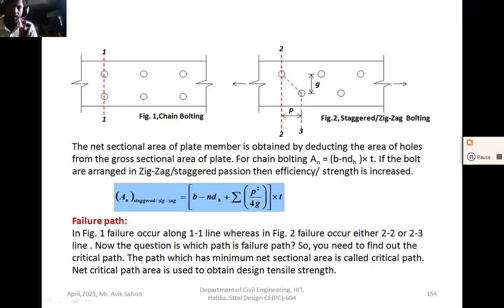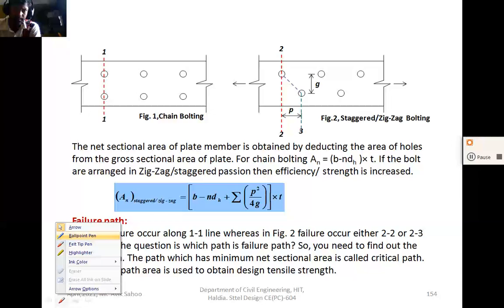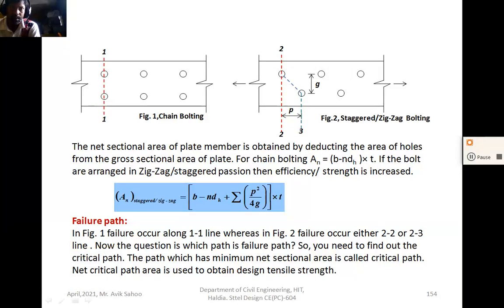So look at this figure 1, chain bolting. In chain bolting, you see that failure took place along this line. This plate fails due to tension.